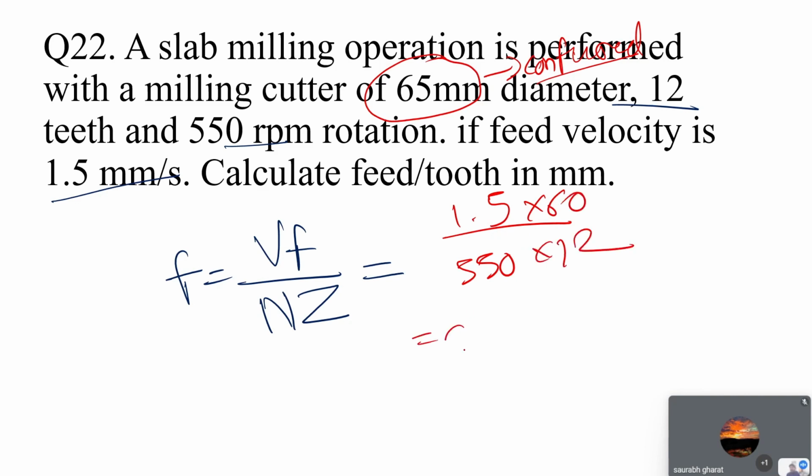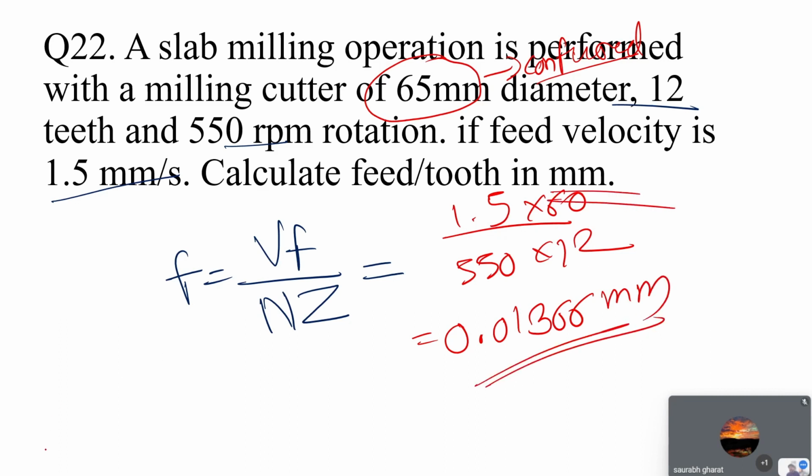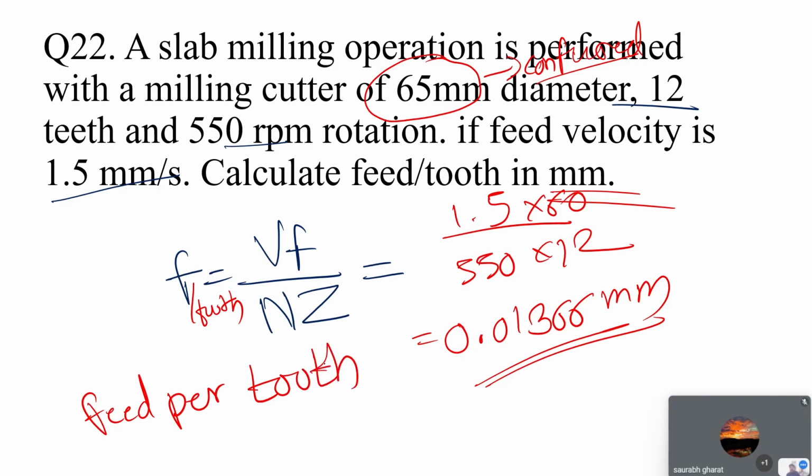Okay, so your answer is 0.0366 millimeter. This is your feed per tooth, which you have to find out.